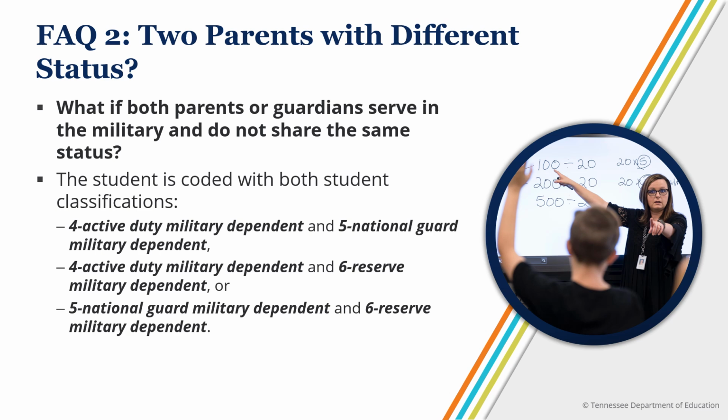What if both parents or guardians serve in the military and do not share the same status? In this case, the student is coded with both student classifications. For example, 4 active duty military dependent and 5 National Guard military dependent, or 4 active duty military dependent and 6 Reserve military dependent, or 5 National Guard military dependent and 6 Reserve military dependent.